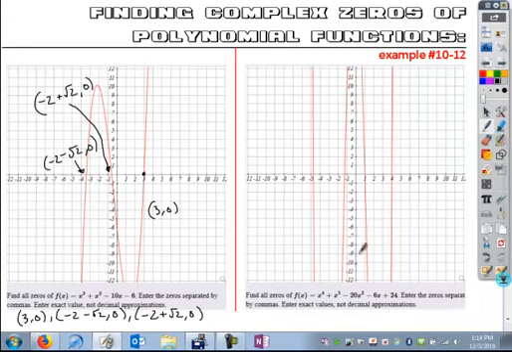What I want you to do is see if you can identify what all 4 zeros are for this equation in the example to the right, please.